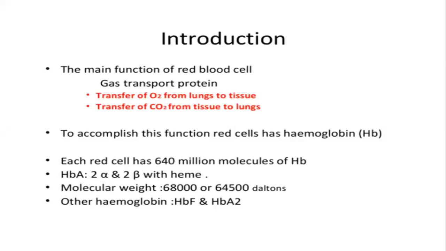And the most interesting thing, ladies and gentlemen, that we need to be aware of this early is that each red cell has 640 million molecules of hemoglobin. What does that mean? If each hemoglobin has 4 chains, and you have 640 million molecules of hemoglobin, we are as good as saying one single red cell can carry millions of oxygen molecules.